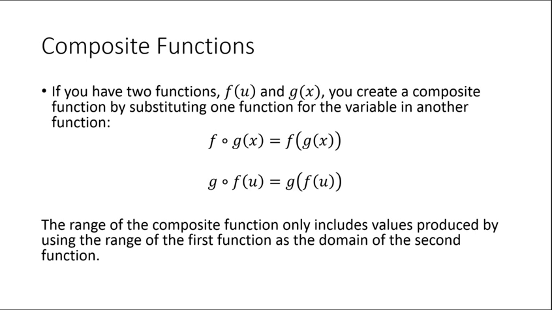You then take the element that's in the range of the first function as part of the domain of the second function, run it through that second function to see whether or not it's in the range of the entire composite function. This is something that you really learn to do by practice. It's a little hard to grasp right away. So we're going to do a few examples.